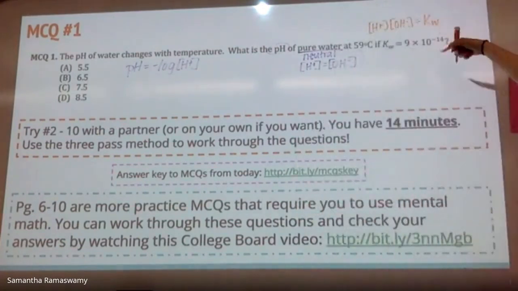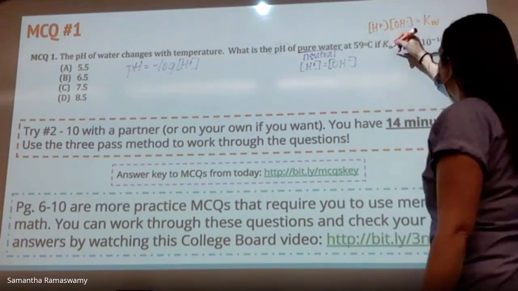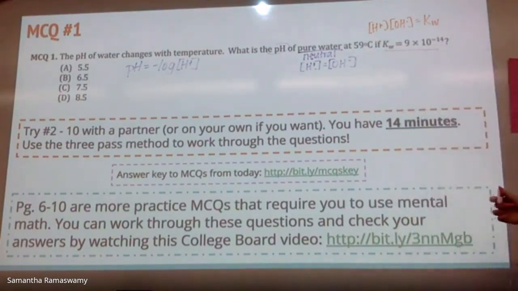And your equation sheet says it equals 1 times 10 to the negative 14 at 25 degrees Celsius. Well, we're not at 25 degrees Celsius. We're at 59 degrees Celsius. Equilibrium constants change with temperature. And so Kw changes with temperature.